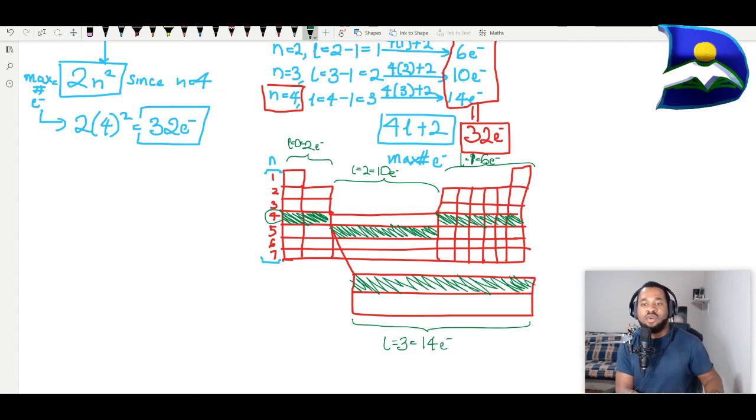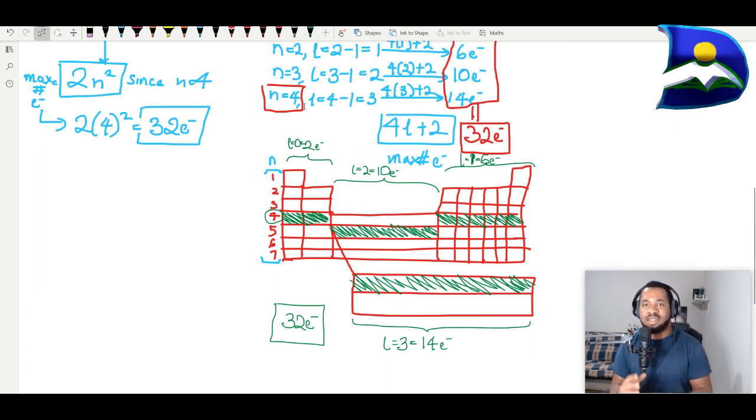So once you add the maximum number of electrons in those levels for the principal quantum number 4, you'll be able to get the number 32 electrons. So this here is another way to go about determining the maximum number of electrons using the principal quantum number.